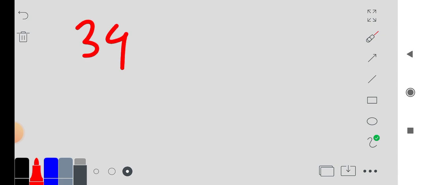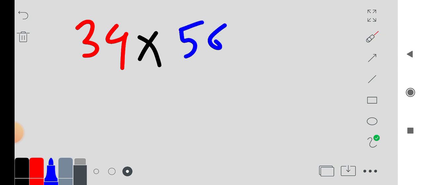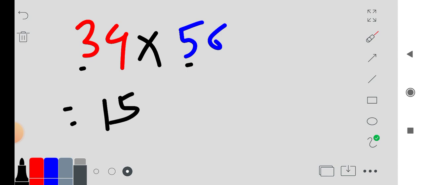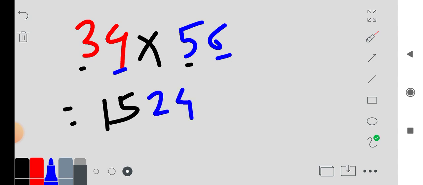34 into 56. Let us see. So our first is 3 into 5 is 15 and 4 into 6 is 24. So 1524 is the first number and we remember it in head.